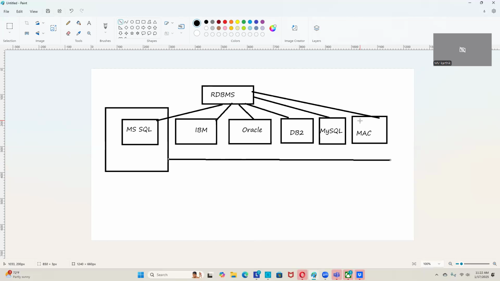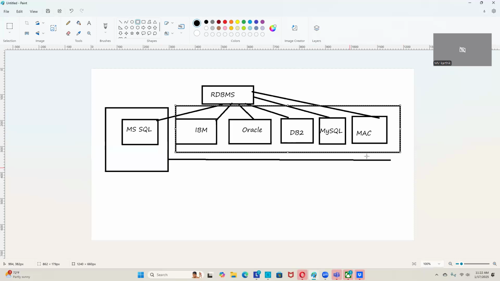We can learn those commands later, but at the moment there is no necessity of learning all these tools. As part of data engineering, SQL Server is enough for our course.